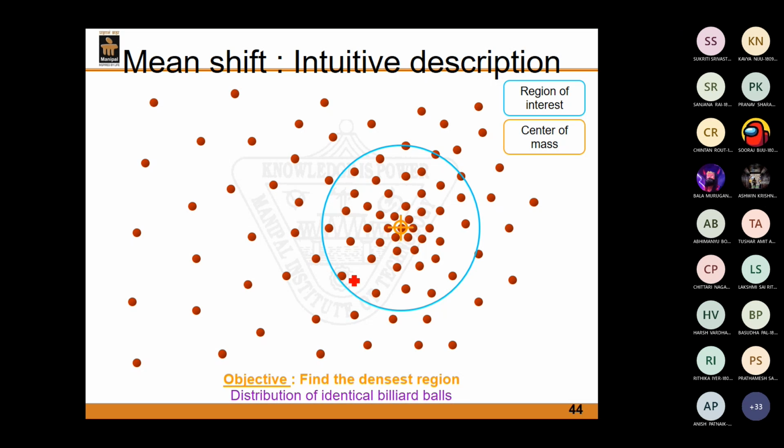So until we reach this point where the center of the circular ROI coincides with the center of mass, that is when you stop the algorithm.